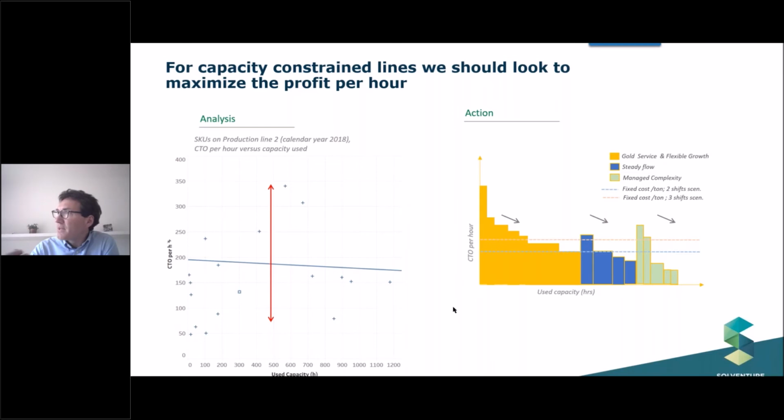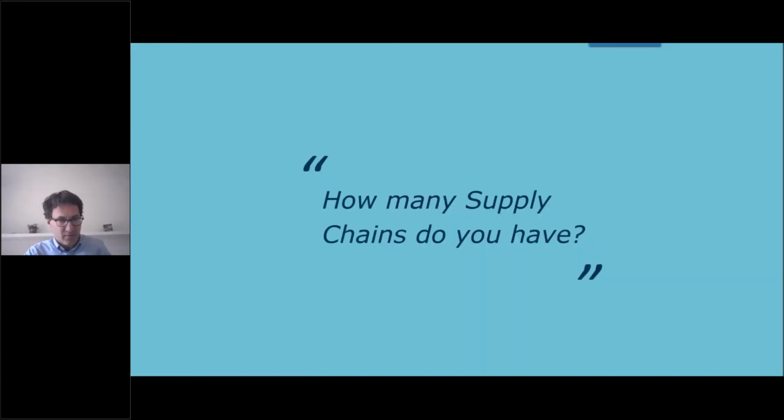I might do so, but I'm not going to add shifts only to serve my complexity, my managed complexity, that last segment, which I tried to avoid. Okay, just giving you an overview of a short case in this end-to-end segmentation.